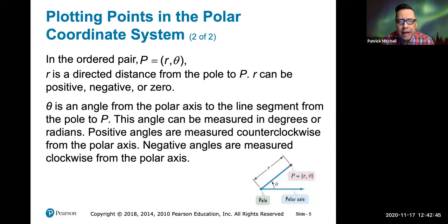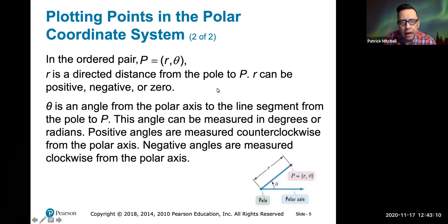Theta is an angle from the polar axis to the line segment from the pole to P. This angle can be measured in degrees or radians, although when we get to a certain point, it will usually be measured in radians. And as usual, positive angles are measured counterclockwise from the polar axis. Negative angles are measured clockwise.